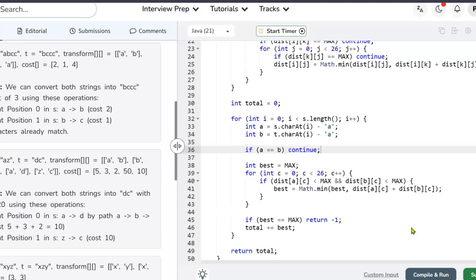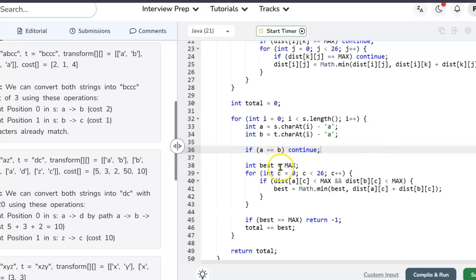Keeping in mind that there's not a requirement that we transform A to B. There's just a requirement that we transform A and B. Well, in this case, A and B to the same letter, which we're calling C. All right, so that's one option, is transforming them to the same letter.